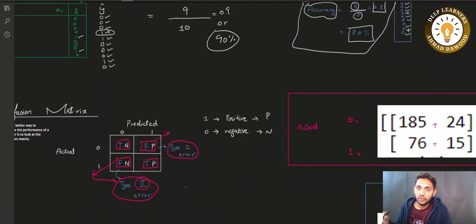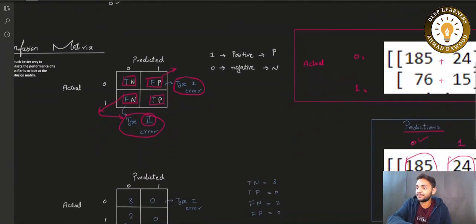Whenever you see the type 1 term, they are talking about false positives, and if you see type 2 error, they are discussing false negatives.